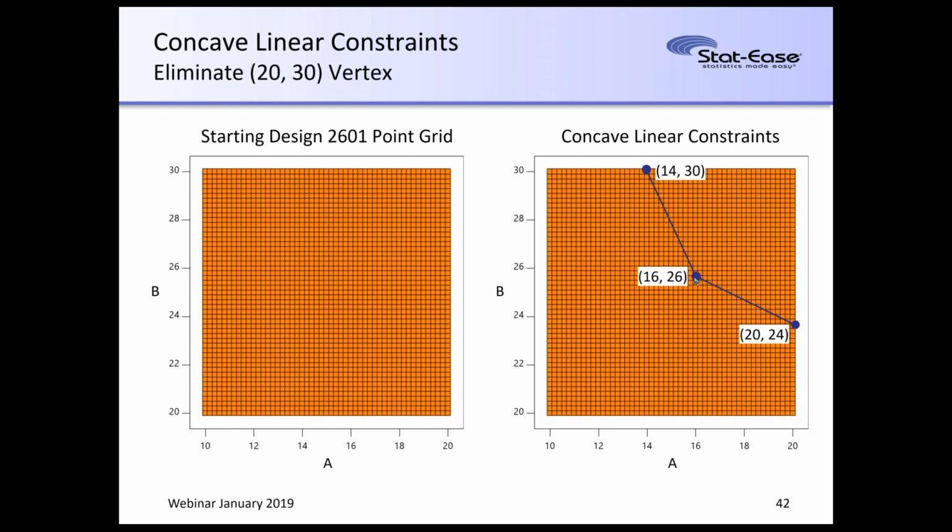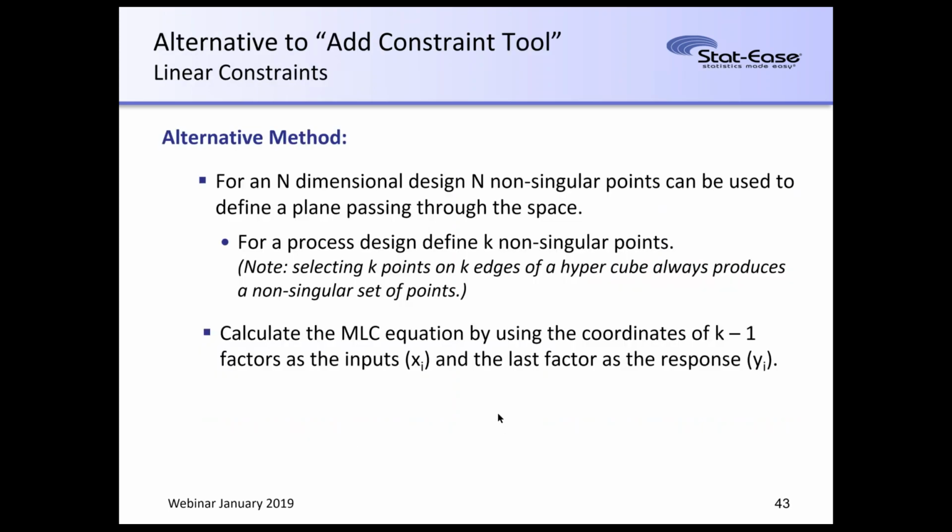Then I want to have another constraint that goes from that point over to this point that's 20, 24. Now you could see if I used the regular linear constraints, I'd have a constraint that goes across and cuts off a lot of the design space that I want to explore because this is concave rather than convex. So we're going to have to figure out how to get around that problem.